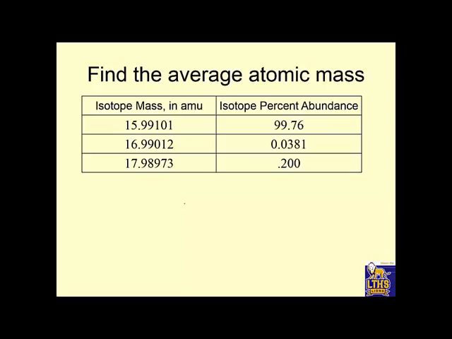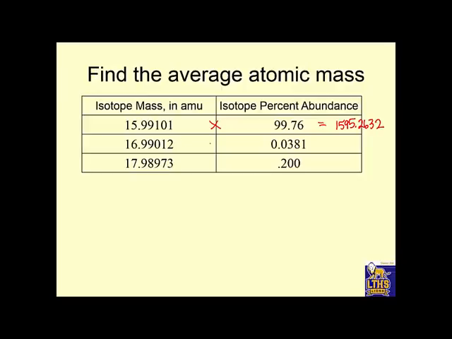Good luck. Okay, so when we go to calculate the average atomic mass, which you'll have to be able to do, you have to know something about the atoms, like how much each isotope weighs and what percent it is in nature. Once you know that, you do what's called a weighted average. You take the mass of the isotope times its percent abundance, and in that case, I got 15 multiplied by 0.26.